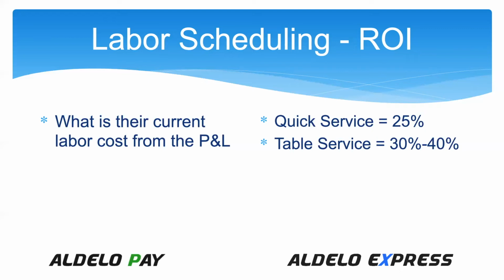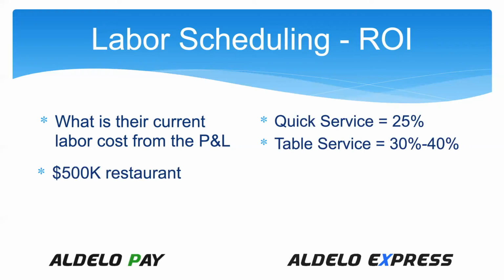Know your numbers going in so that you'll know if they're really having any clue. A lot of times, restaurant owners just don't really know, and they'll guess. But these are the numbers that the Restaurant Association says they should be at based upon the type of operation. So let's take a look at a $500,000 a year restaurant.